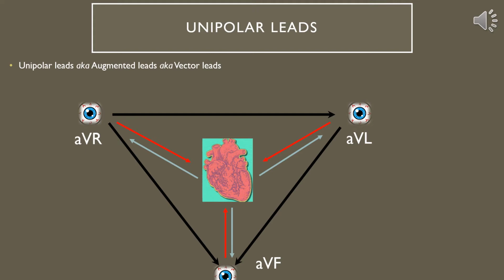Unipolar leads were first found to be helpful in the 1930s. Some medical researchers called the Goldberger brothers really took off with coming up with these following 3 leads that are used in your 12-lead EKG.